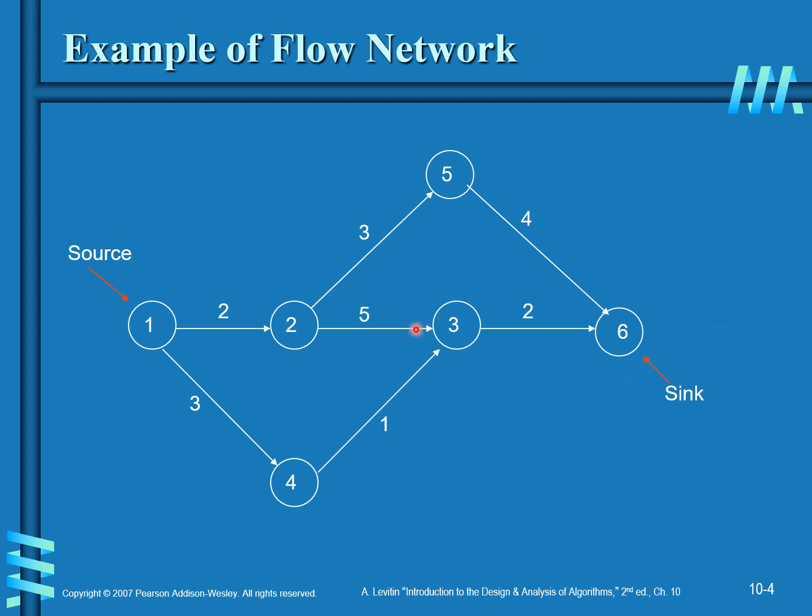You have to find the path where you can maximize the flow, or how much flow can be transferred from source to destination. The edge weight between 1 and 2 is 2, which is nothing but the edge capacity. So this much flow only can be transferred from node 1 to node 2. That is the meaning of this edge weight, which we call the edge capacity.